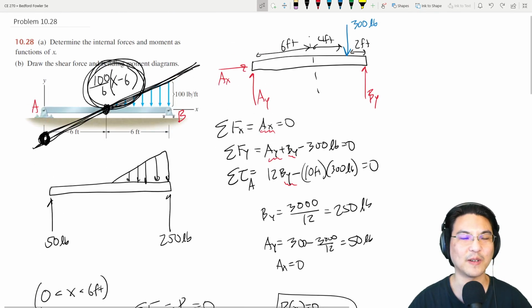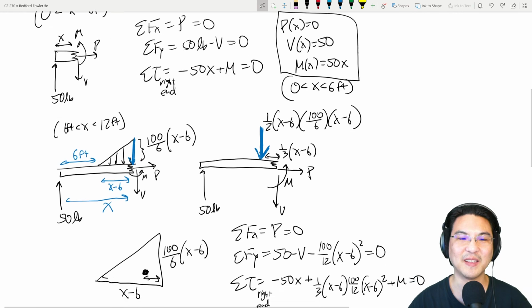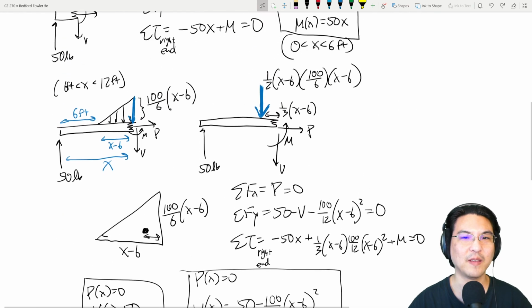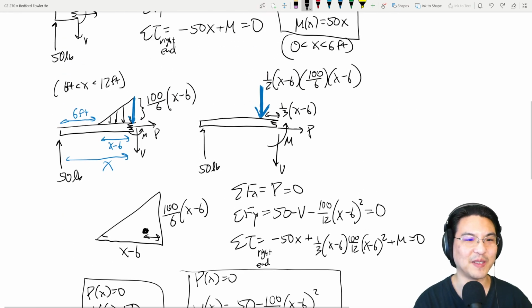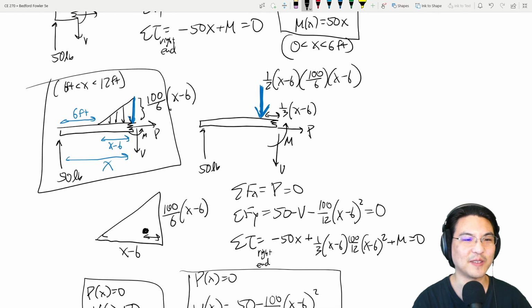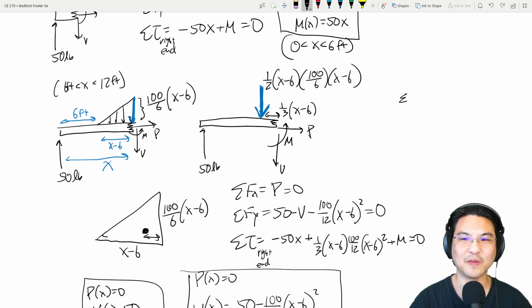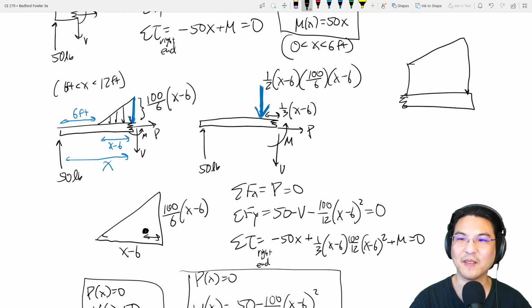Okay, so try and practice this problem. I erased it, but you see how I picked the left section over here? You could have also tried the other section, which looks like a composite of a triangle and a rectangle for the distributed load.